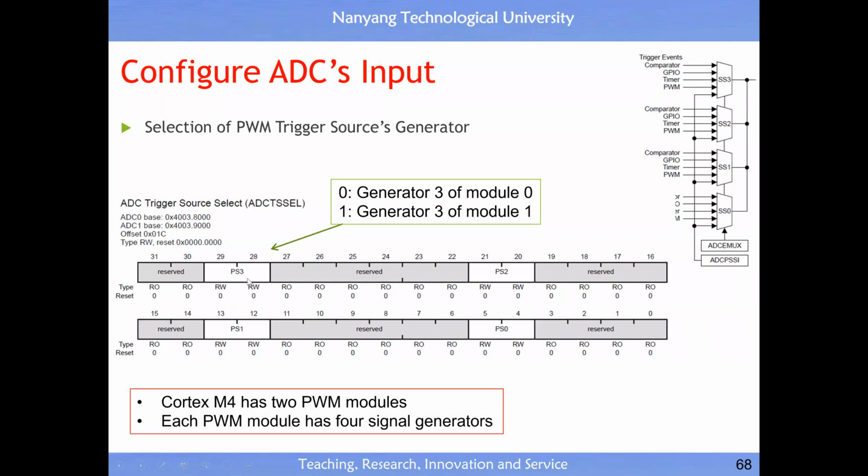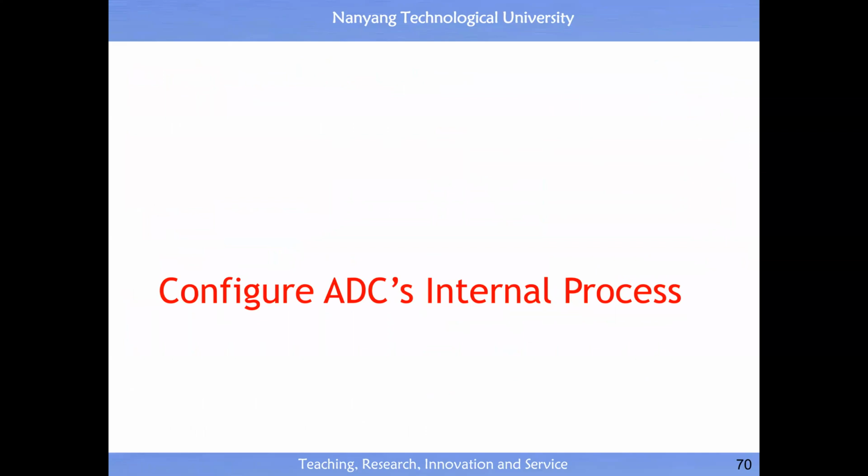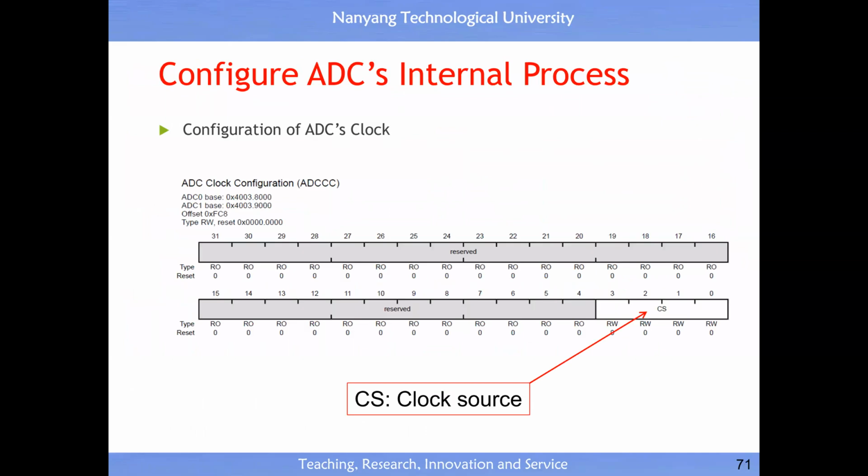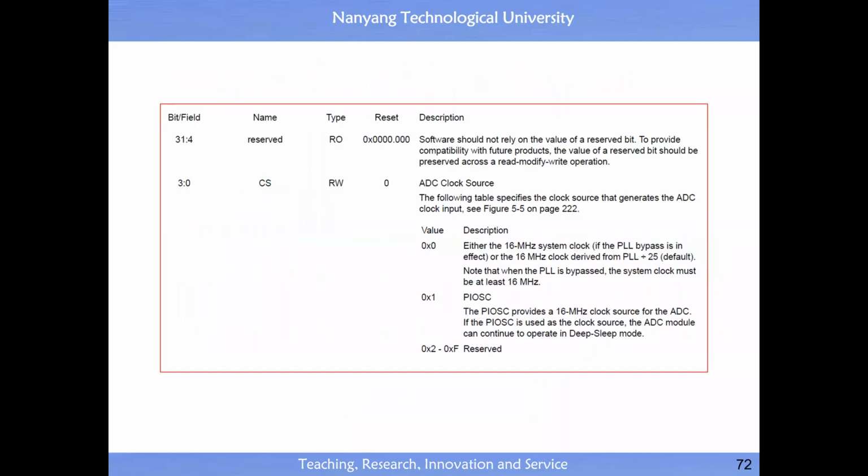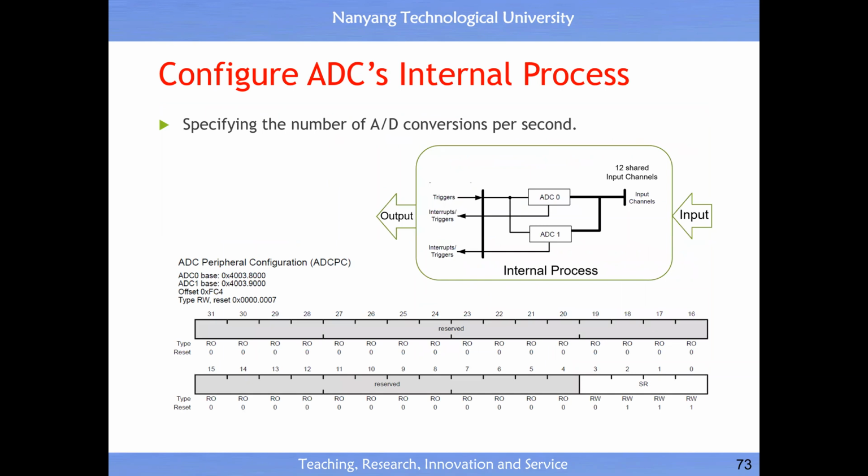Then you want to know for PWM number 3 whether it comes from module 0 or module 1, so you must indicate that. This makes your configuration slightly complicated. The internal process is easier: choose the clock speed. By default, you choose the system clock, so it's not a big deal.